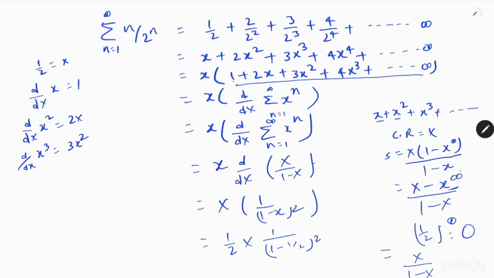So that would be 1 by 2 into 1 by 4, so it would be 2. Okay, so final answer is 2. So the closed form of summation of n by 2 to the power n, where n is from 1 to infinity, closed form of this expression would be 2.